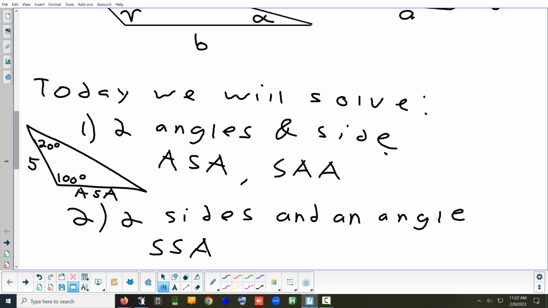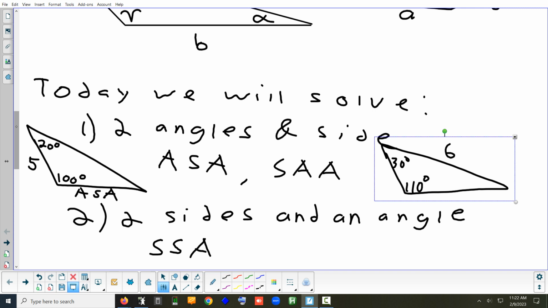Side angle, a little bit different. So you know two angles. So that's 30. Say that's 110. And this time, the side that you know is not the one between the two angles. So that could be either this one up here or the one on the bottom. But you have an angle, and then a side. But the side is not the one that's between the two angles.